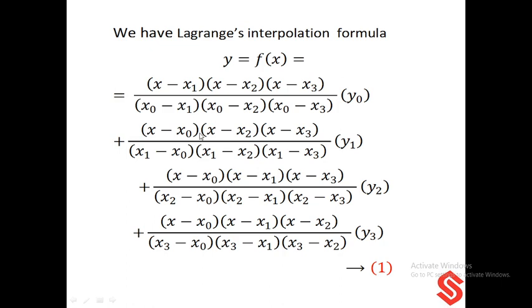Similarly, in the second term, we are not writing x minus x1, whereas in the denominator we are writing x1 minus. In the third term, we are not writing x minus x2, so we write the denominator x2 minus. And in the last term, we are not writing x minus x3, so we write the denominator x3 minus. So this is the Lagrange's interpolation formula. Say it is equation 1.